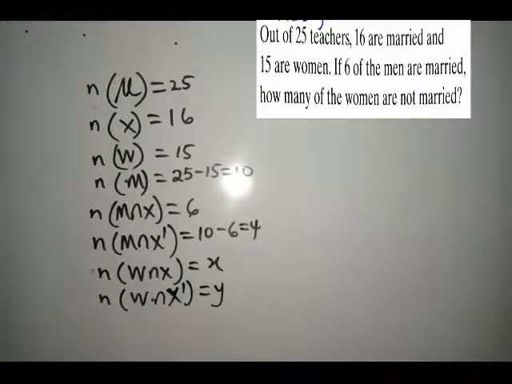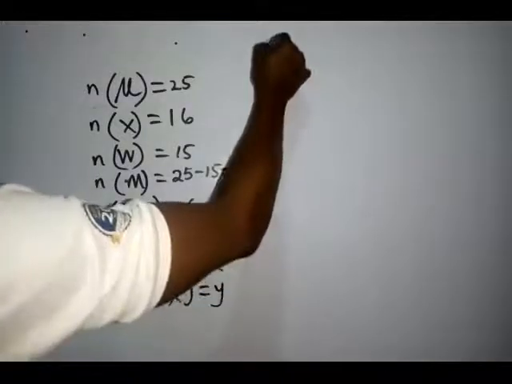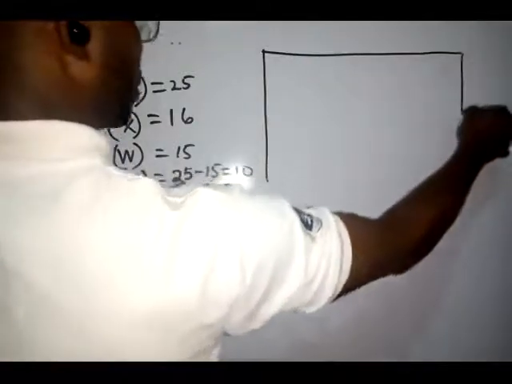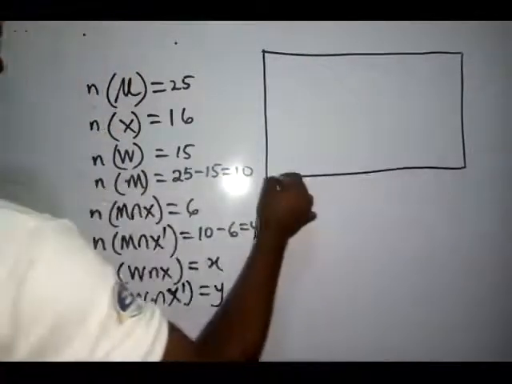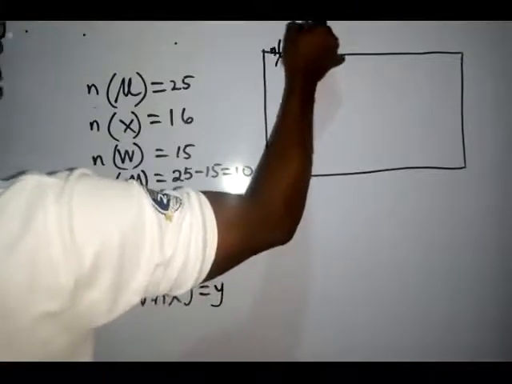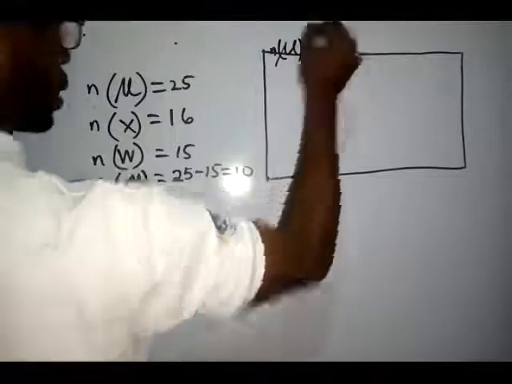So I would like us to draw the Venn diagram to represent this. Now, I like to draw the Venn diagram in this manner, and I want everybody to pay attention. Others may want to draw it in a different way, but I choose to draw it like this.